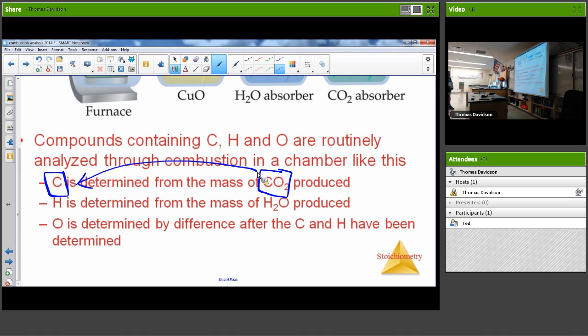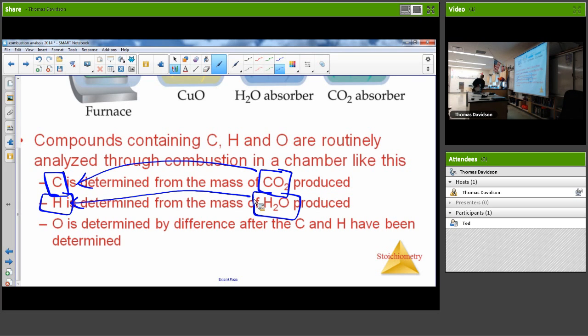Well, yes, but oxygen is part of the compound and the other reactant. So oxygen we're going to have to ignore. We'll find it a different way. But yes, that is true. All right, H is determined by the amount of water produced. And think about that. The only place H can come from is the amount of H you had at the start.